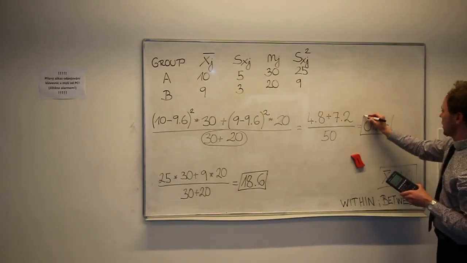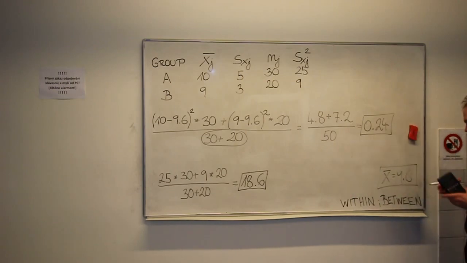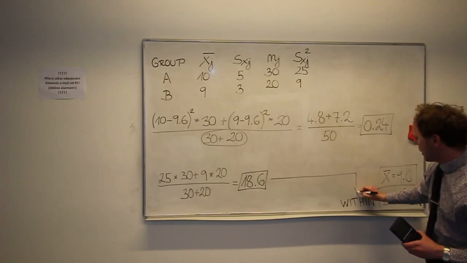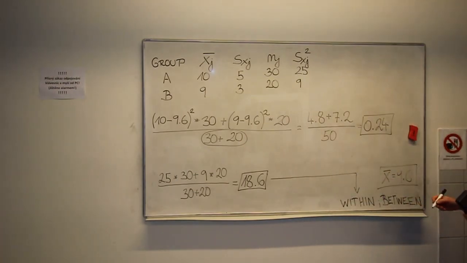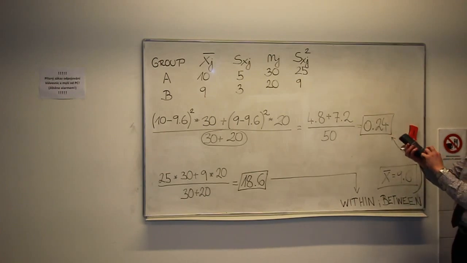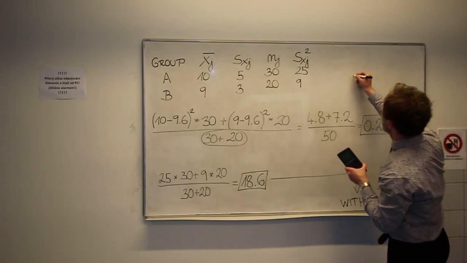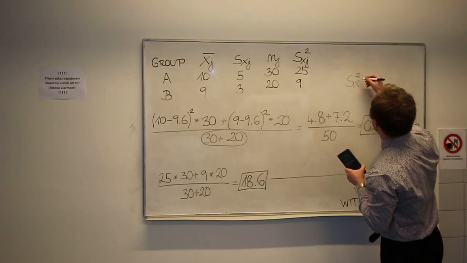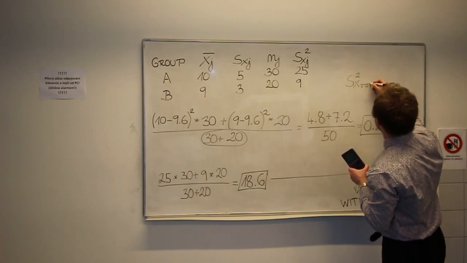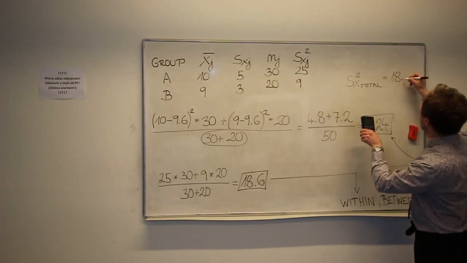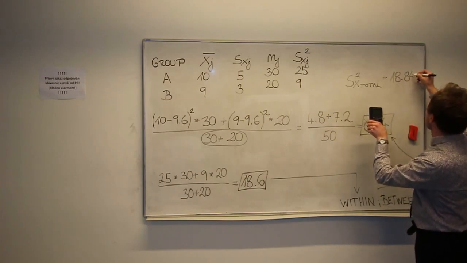So I have written here that within-group variability is this one, 18.6. Between-group variability is 0.24, and in total, 0.24 plus 18.6 gives the total variance s_x squared, which is equal to 18.84.